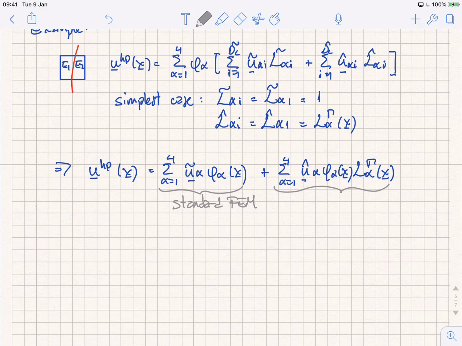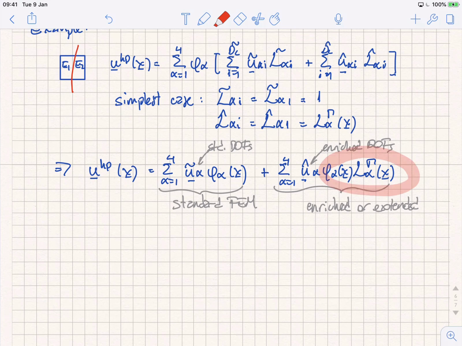This is the enriched or extended component, right? And if we look at the DOFs, well, this is my standard DOFs, and this is my enriched DOFs. And again, talking about notation, remember that the product of these two is what we decided to call the generalized enrichment function. But for now, I keep it like this.